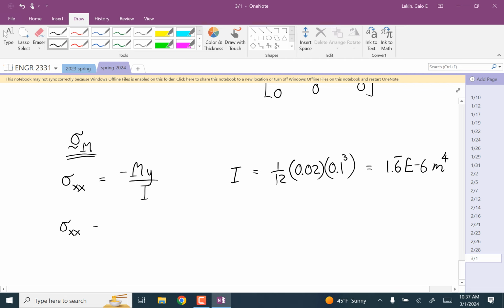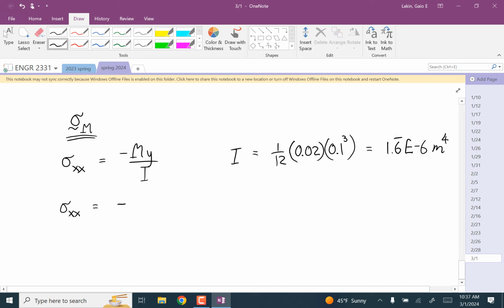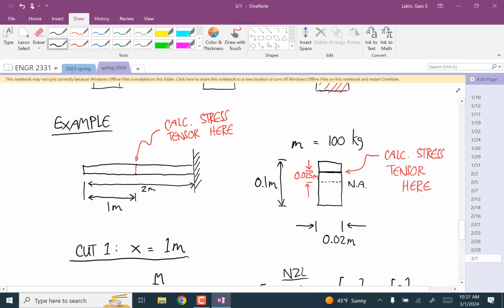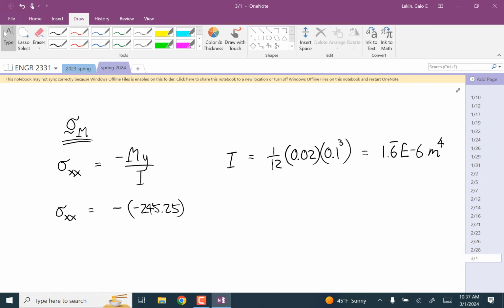So sigma xx is equal to negative of the bending moment, which is negative 245.25, times y, the height of the desired point above the neutral axis. Remember, this can be positive or negative. In our case, it's going to be positive, and that distance is 0.025. I'm going to put that positive in there just for clarity.